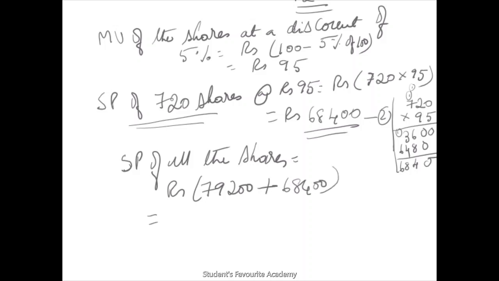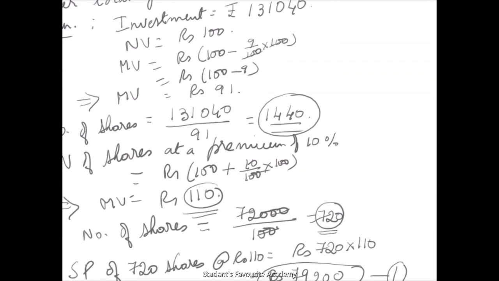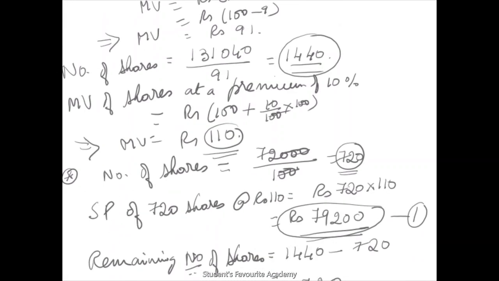So that is equal to 0 plus 0, then 0 plus 0, 4 plus 2, 6, then 8 plus 9, 17, 1 carried over, 1 plus 6, 7, 7, 7 plus 7 plus 7, 14. So 1,47,600. But what is her total investment or total CP of all the shares? Our investment is 1,31,040. This is our cost price, isn't it?